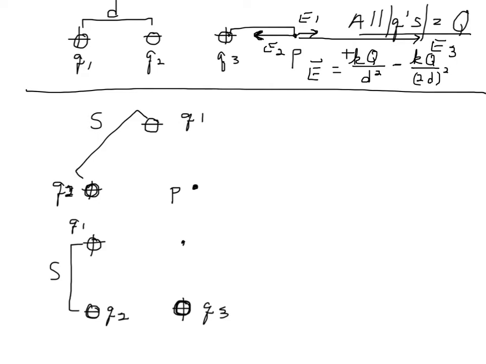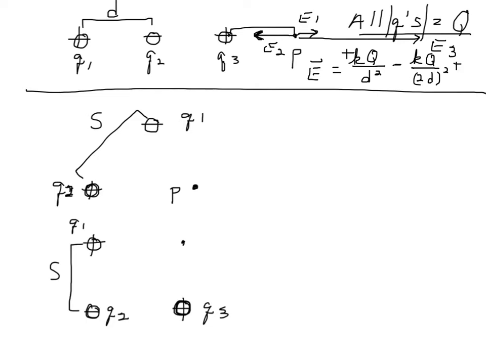And that's negative. And then the last one is positive, and I'm not going to fit it, so I'm going to say what it is. It's going to be KQ over 3D squared, or 9D squared.